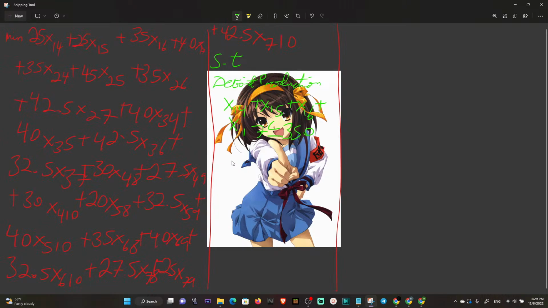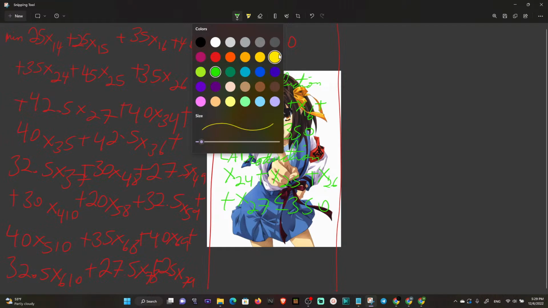350. Now for LA production, which will be x24 plus x25 plus x26 plus x27 is less than or equal to 350. And now we're going to change the color up because it's going to get monotonous otherwise.